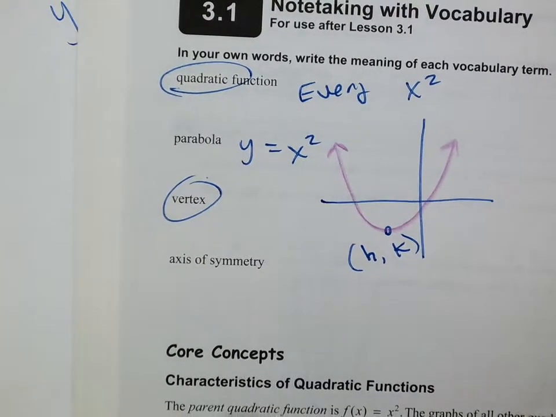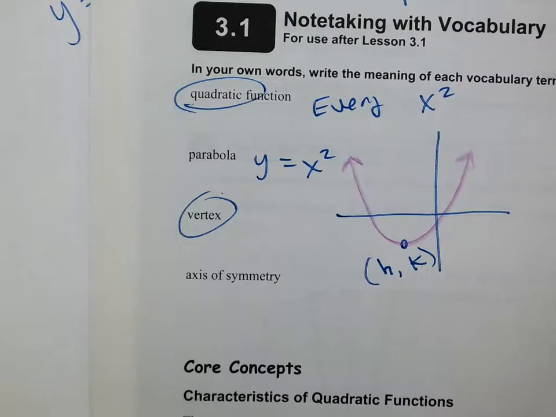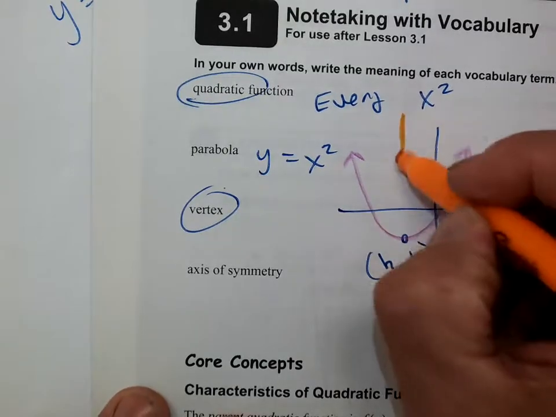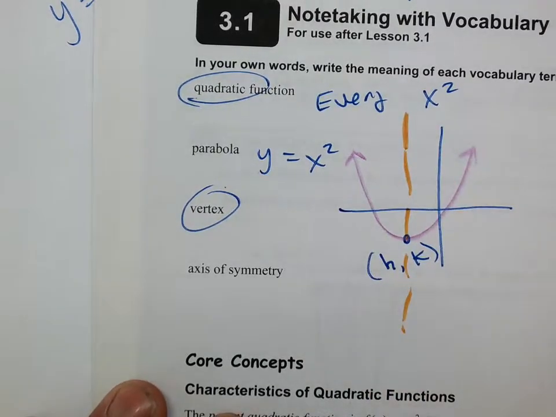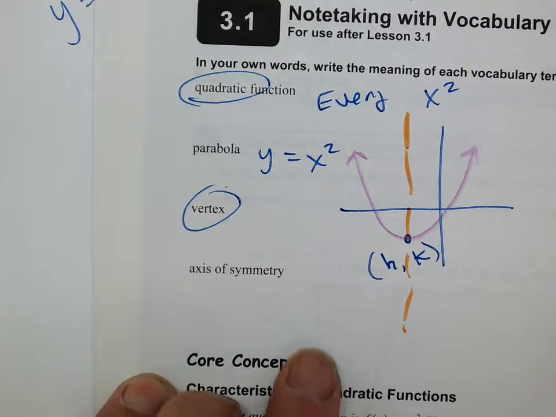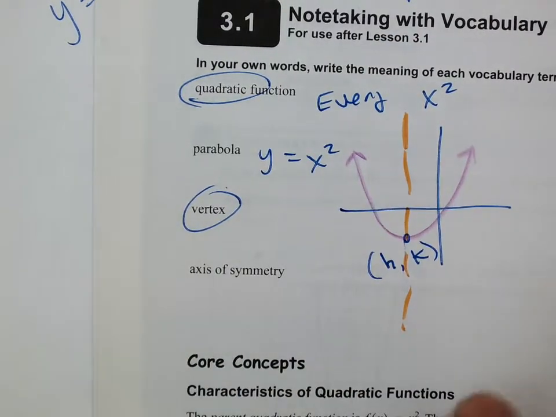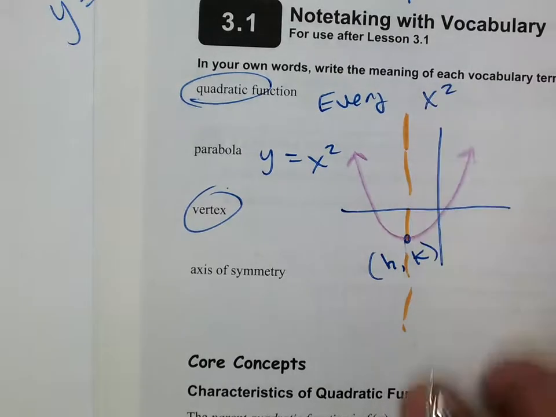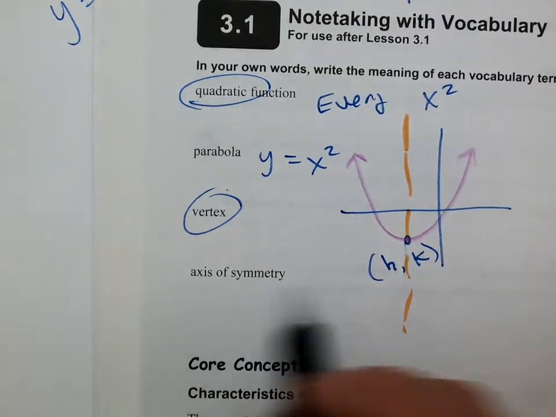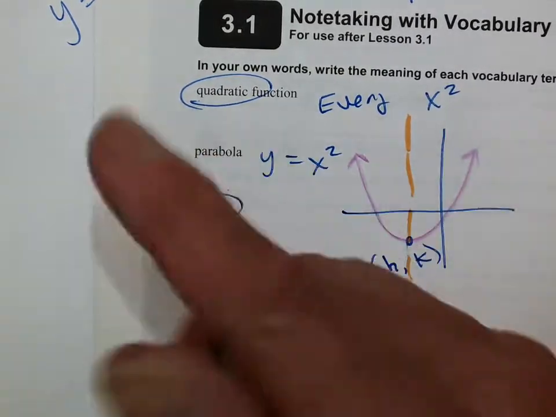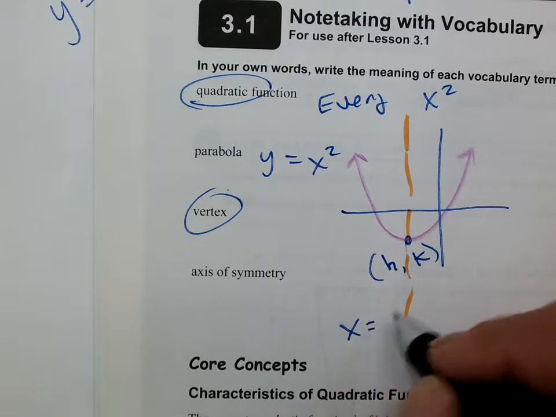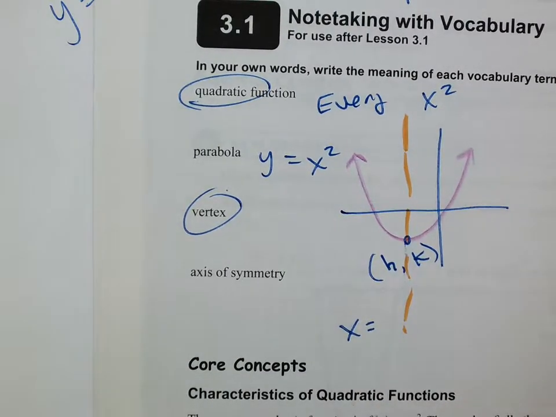We know that a parabola is symmetrical, right down its vertex. So it has an axis of symmetry, and the axis of symmetry goes right through the vertex. The equation of the axis of symmetry is an x equals equation, because x equal lines are the straight up and down lines.